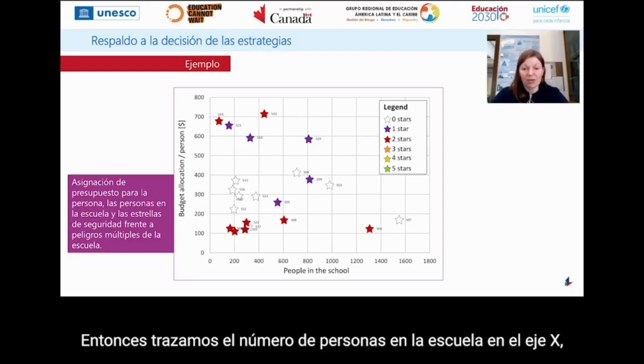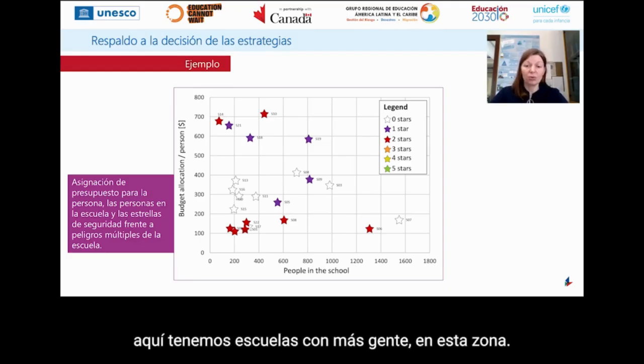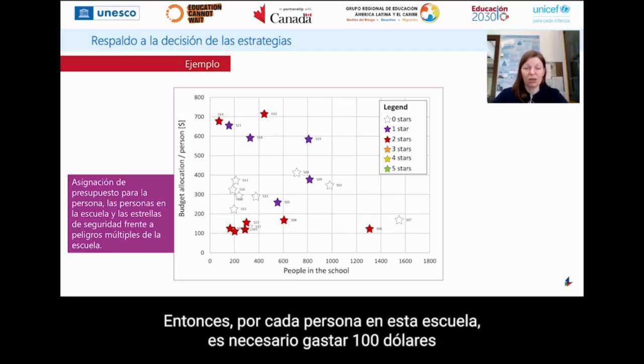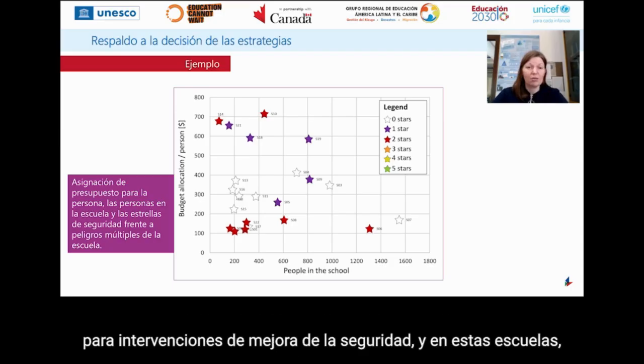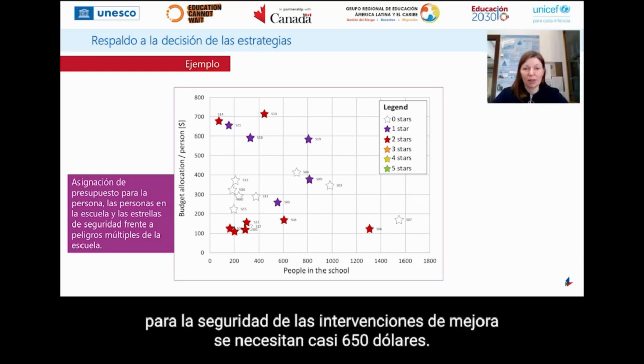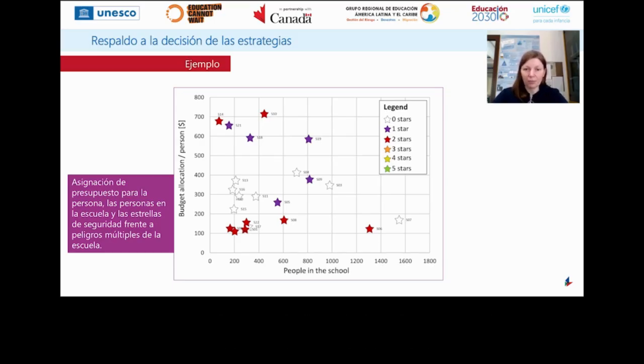Another example, in this case we have a multidimensional graph, so we plotted the number of people in the school on the x-axis. So here we have schools with more people in this area. The budget allocation required in order to upgrade the safety for persons: for each person in this school it is necessary to spend $100 for the safety upgrading intervention, and in these schools it is required almost $650.